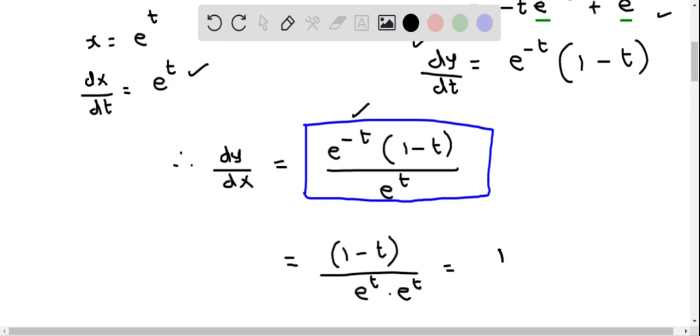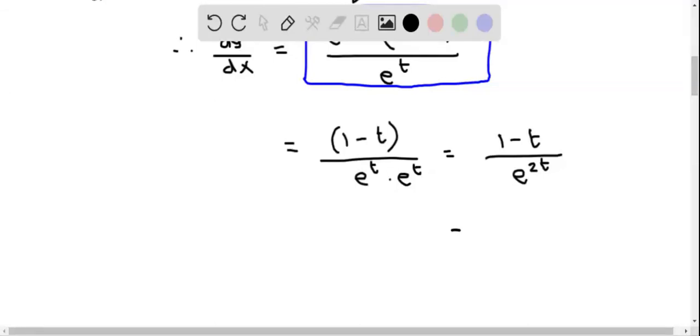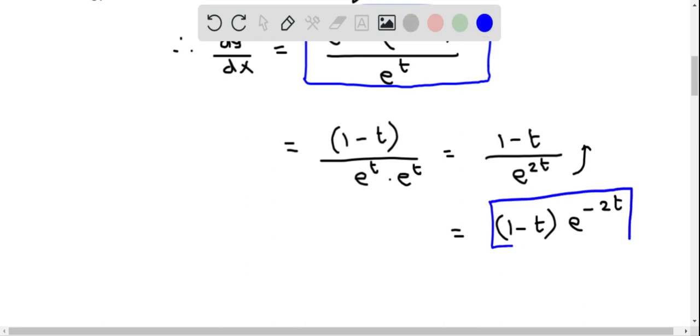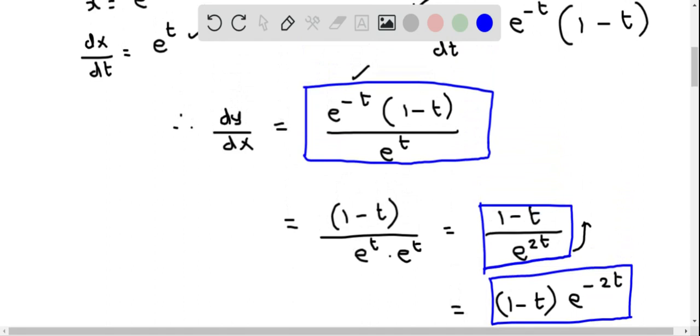And so this equals 1 minus t divided by e power 2t, or otherwise we can also write this in a different form as 1 minus t times, we bring this e power 2t to the numerator, and when we do so it will become e power negative 2t. So these are different forms of the same answer. So we have three different forms which we could write, and basically all of them represent the derivative of y with respect to x, that is dy by dx.